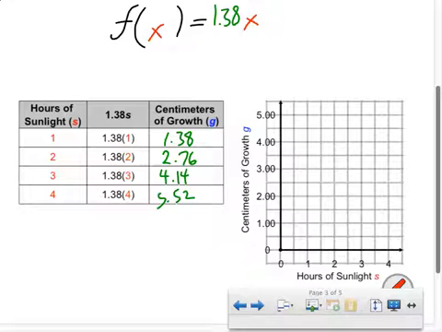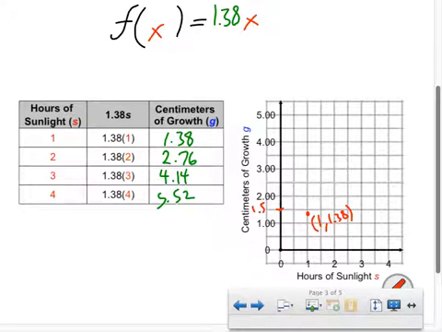So you guys can see I can see that this is 1.5, right? Okay. Now I got 1.38, so that's more than halfway between 1 and 1.5. So I'm going to graph that right about here. So we got 1 and 1.38, okay?